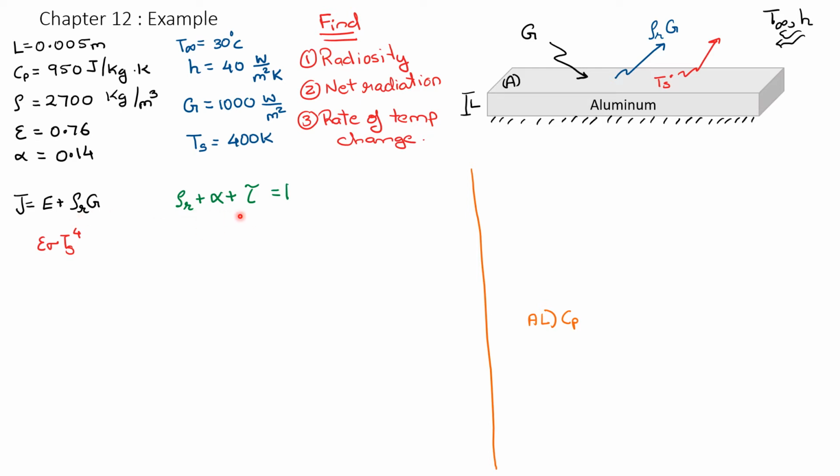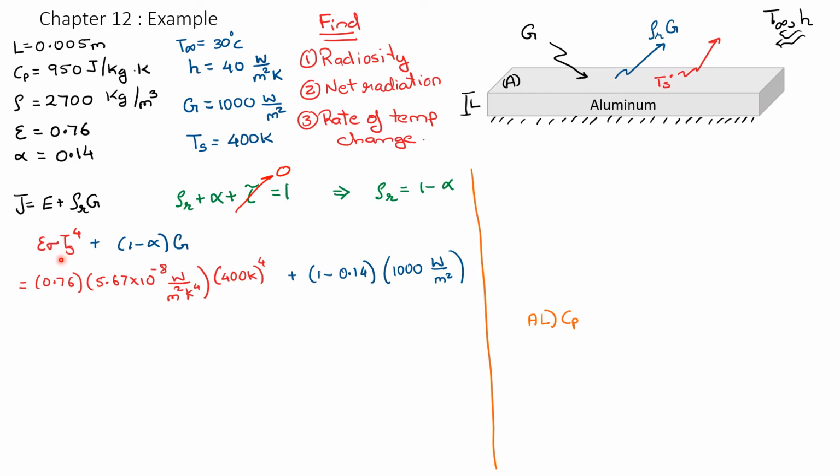Now we know that the summation of rho_R plus alpha plus transmissivity is equal to 1, and because transmissivity is equal to 0 as aluminium is opaque, our simple relation will be rho_R equals 1 minus alpha. So instead of rho_R we'll use 1 minus alpha times G.